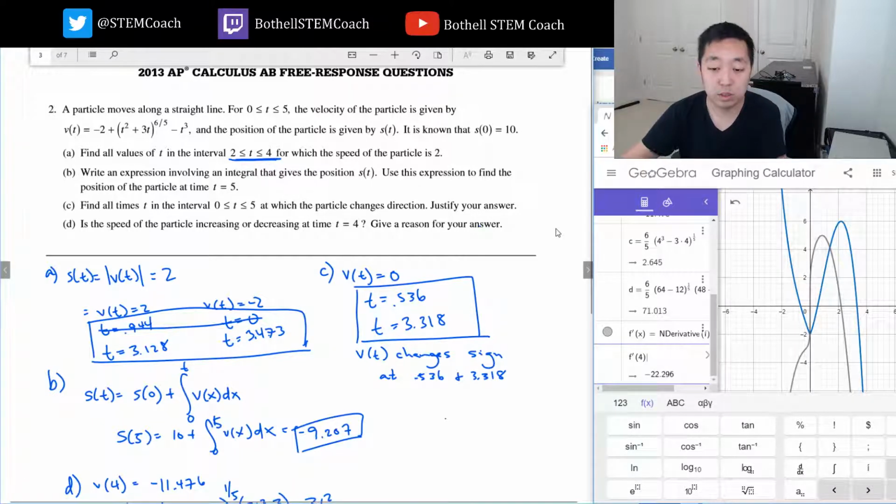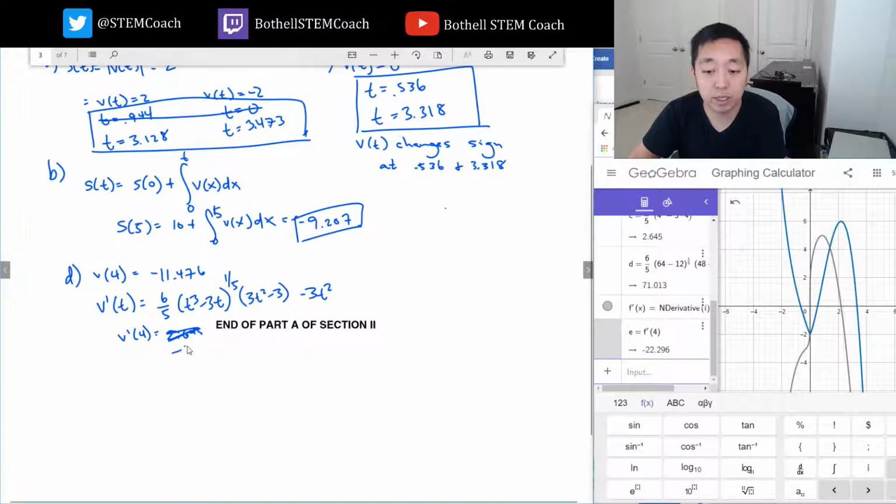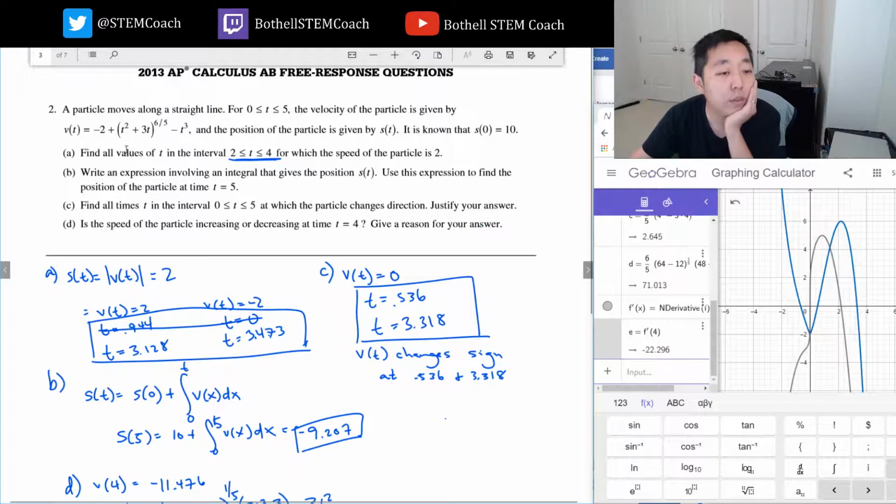It should have been minus 22.2961. So my calculator tells me that this should be negative 22.296. So that means the speed is increasing. Speed, the absolute value of v, is increasing. Just from the graph, that should be correct. Now I want to check why.